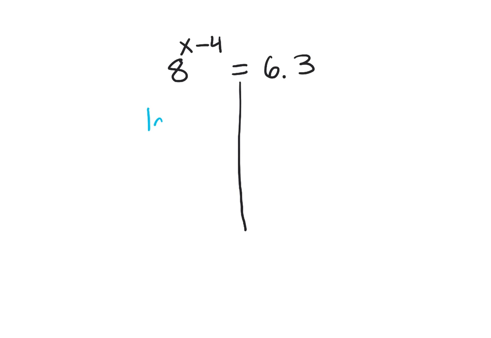Okay, example 3, same idea, just a couple of things slightly different. 8 to the power of x minus 4 equals 6.3. First step, log of both sides.